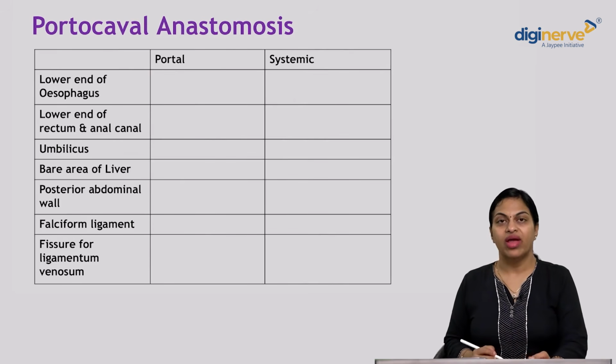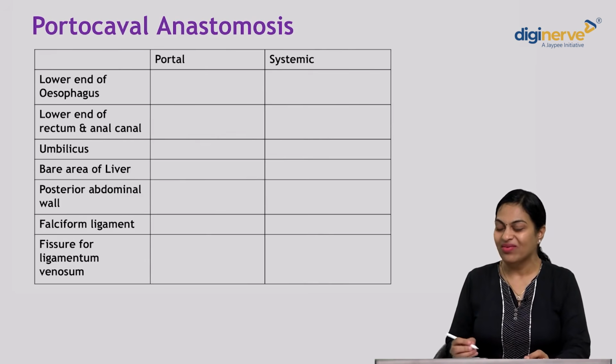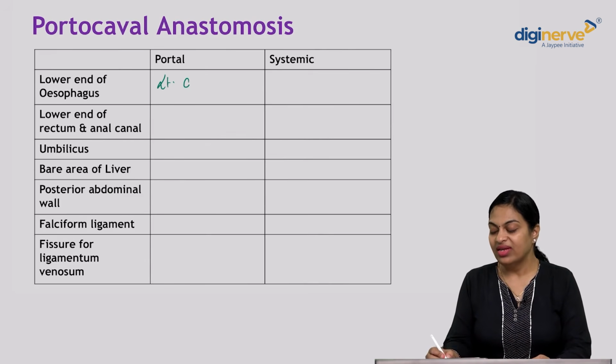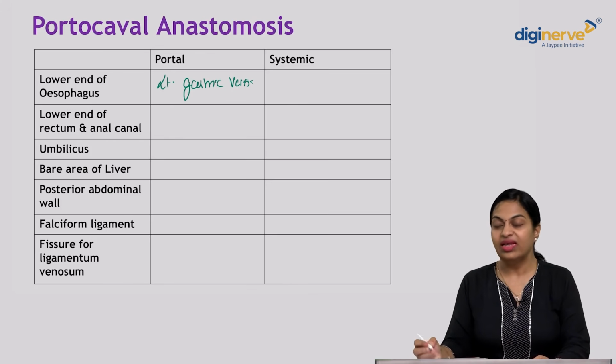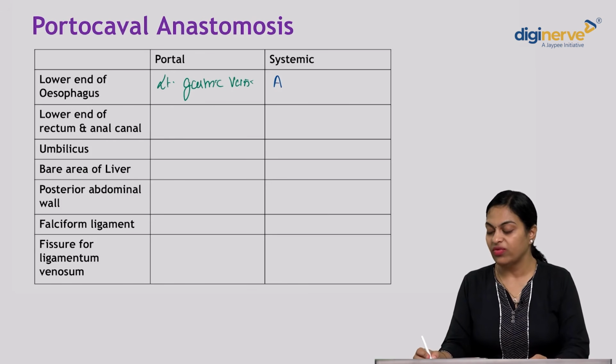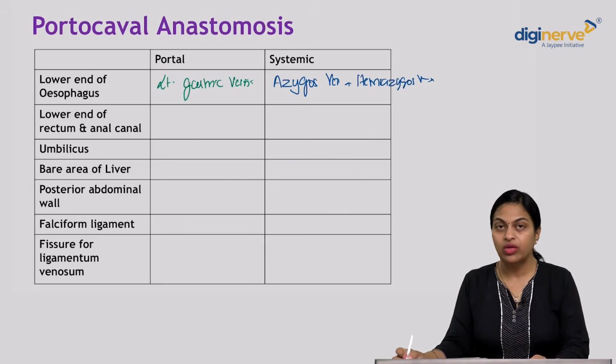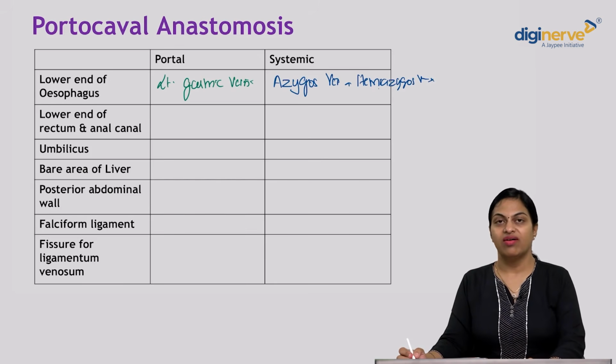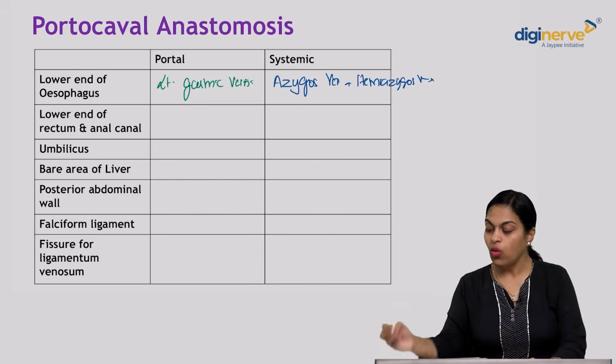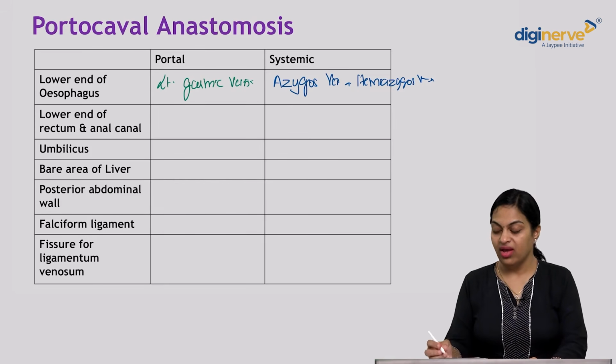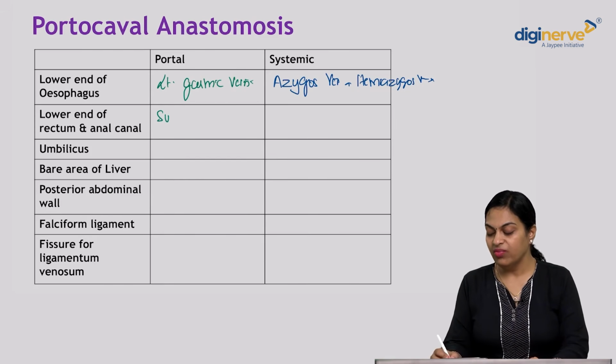So in the lower end of esophagus, can you tell me which is the portal tributary? The left gastric vein. Okay, so this left gastric vein at the lower end of the esophagus can communicate with the azygos vein and the hemiazygos vein, which open into the superior vena cava, right? And lower end of rectum and anal canal, above the pectinate line, we have the superior rectal vein.